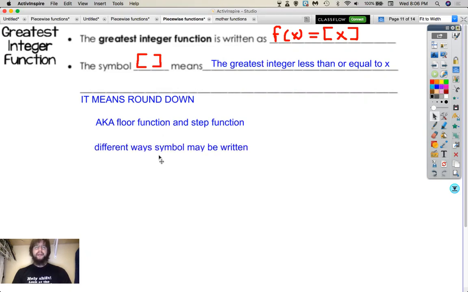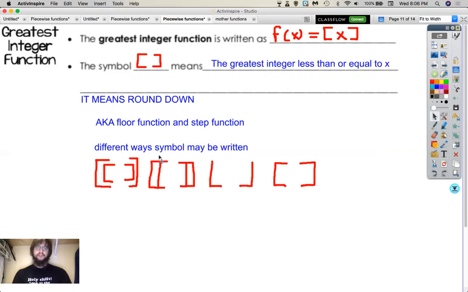And a lot of people write it a lot of different ways. This function is used a lot in programming. It's used in different fields of mathematics, and they all have their own different ways of writing things, even in the same field. So here are some different ways you might see this symbol. Your packet thing, whatever you want to call it, uses this notation. I don't see the point in writing some extra little lines in my brackets. Waste of time.